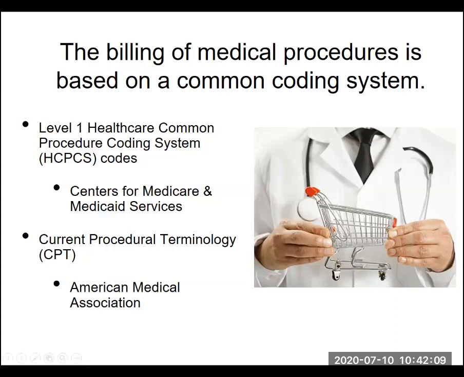Related to that is the Current Procedural Terminology, the CPT, which is created by the American Medical Association. Basically, these two common coding systems are related to one another, and the doctor is going to report the diagnosis and what they're doing with you to the insurance company based on one of these two coding systems.